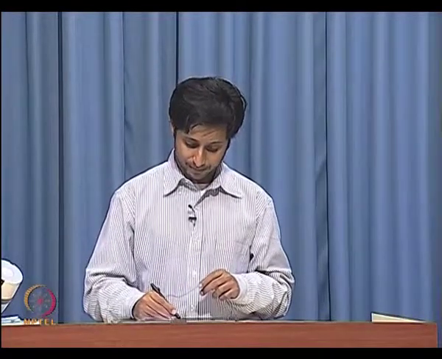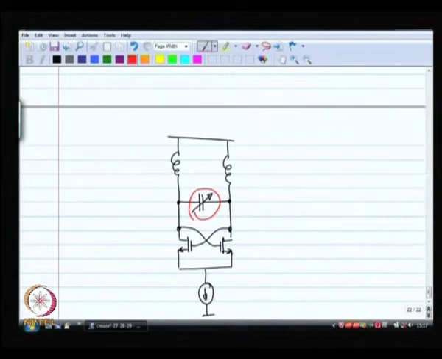Now, in the old hand tuned radios, you remember there used to be a radio, even a 2-in-1 box like this, and there used to be a knob over there. This knob was basically tuning the frequency. It is tuning this particular variable capacitor, because you do not know what the value of that capacitor is. The frequency of oscillation has to match the frequency of the desired radio station.